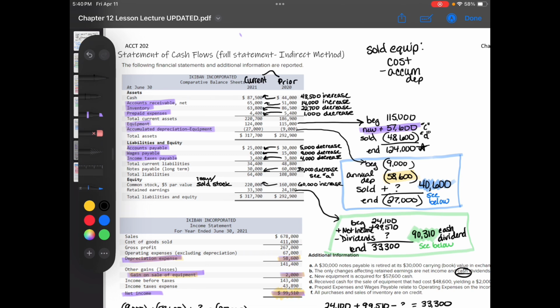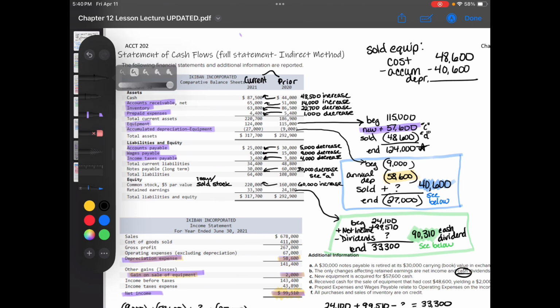So for this one, the cost was $57,600 and the accumulated depreciation is $40,600. So pretty easy math there. Oh, nope, I'm sorry. I've got the wrong numbers. I knew that was wrong because I know the answer. So the cost of the asset is $48,600.